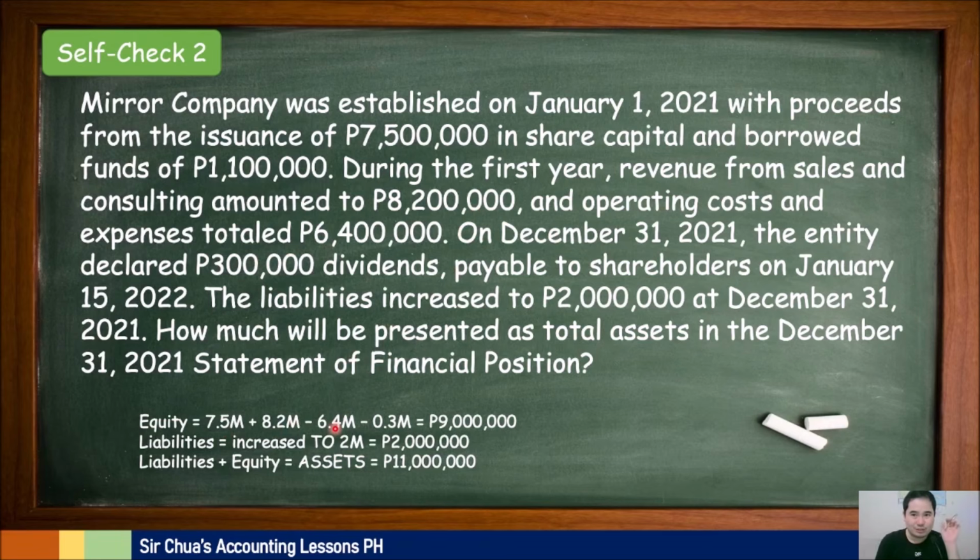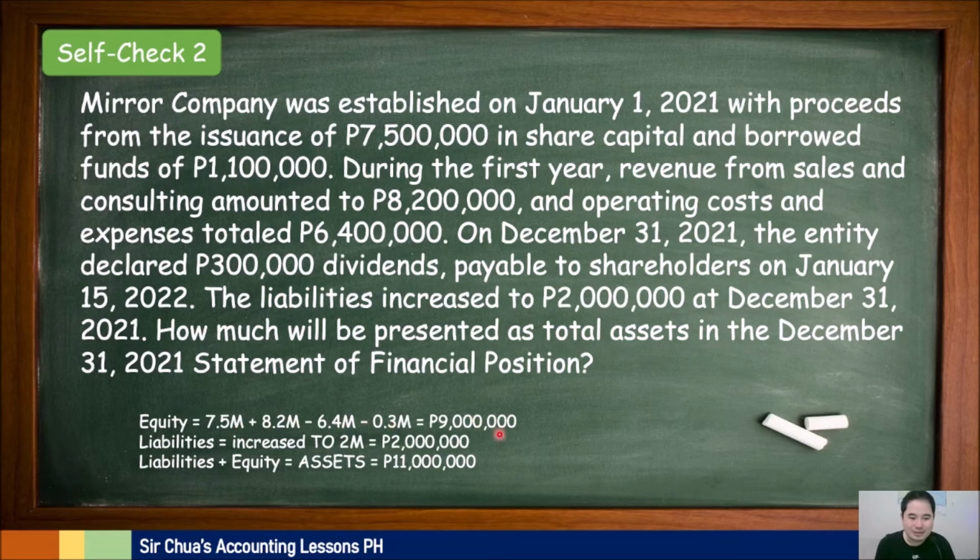Kasi, yung net income, i-add mo rin naman yan mamaya sa retained earnings, diba? So, diniretso ko na. Okay? Tapos, yung declaration natin ng dividends, ma-minus mo yan kasi pabawas naman din po yan sa retained earnings. So, ang net effect niya po talaga sa retained earnings, itong 8.2 minus 6.4 na net income minus dividends declared. Okay? Tsaka mo i-add si 7.5 million, your equity is 9 million.